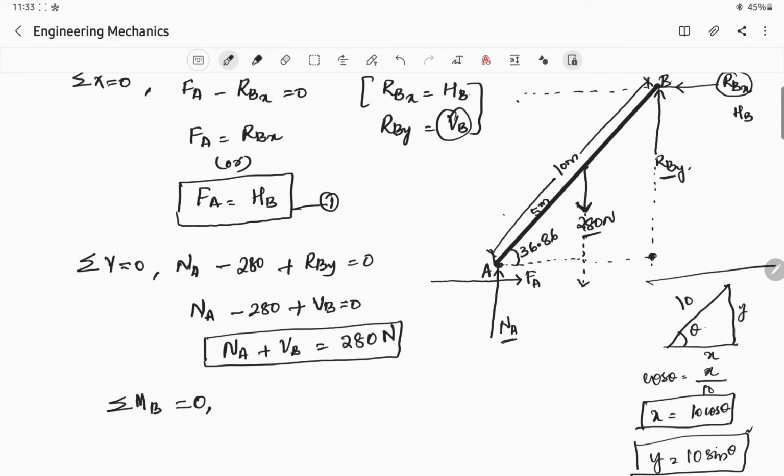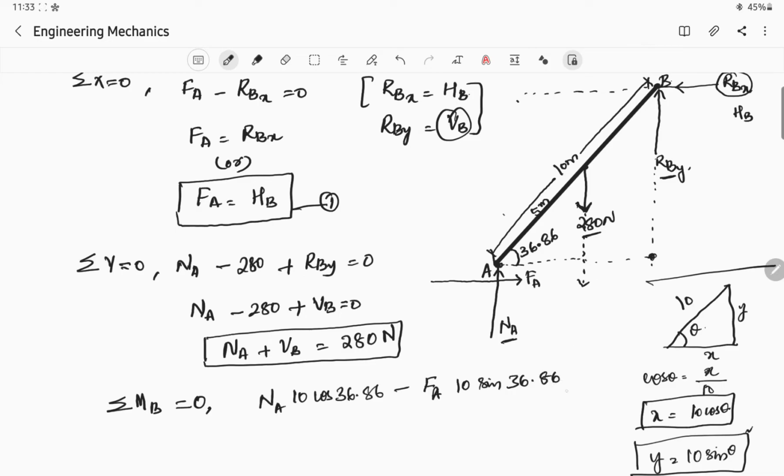Instead of HB, we'll take moment of all forces, that is NA. Force is going in clockwise direction, force into perpendicular distance, horizontal distance is 10 cos 36.86 degrees. Then we have FA, which is going in anti-clockwise direction, so minus FA into 10 sine 36.86 degrees.